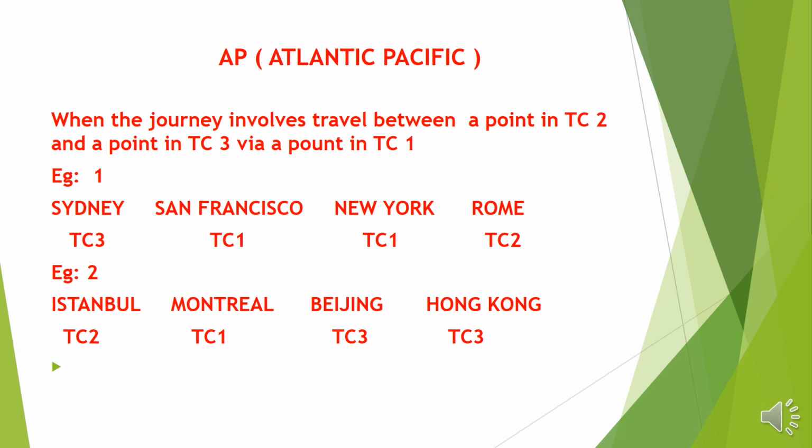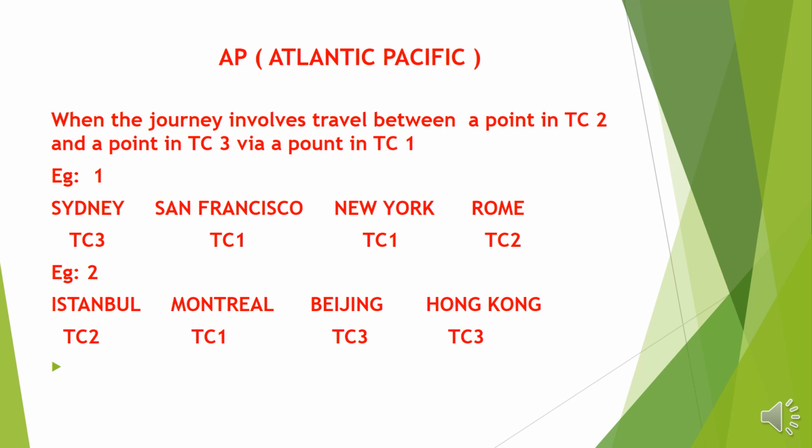So here the passenger flies over the Pacific, and San Francisco to New York, the passenger is flying over the skies of USA, and after leaving New York, the passenger flies continuously for 7 to 8 or 9 hours over the Atlantic Ocean. So here the passenger crosses the Atlantic. So the passenger crosses both the Atlantic and the Pacific. Whether you cross the Atlantic first or the Pacific first, the global indicator is always AP, Atlantic Pacific.